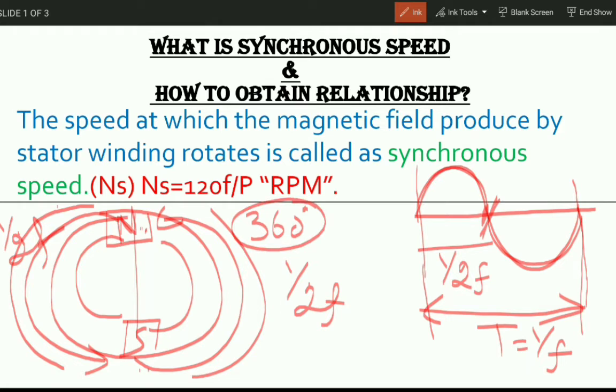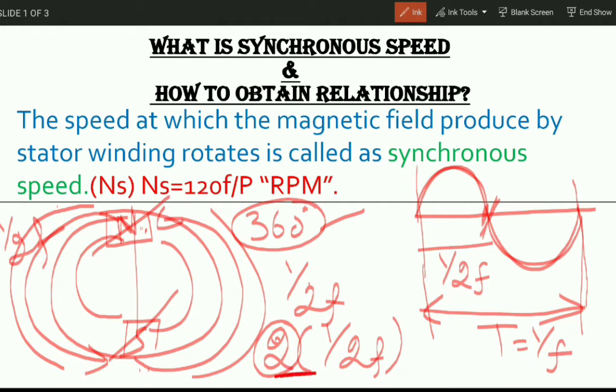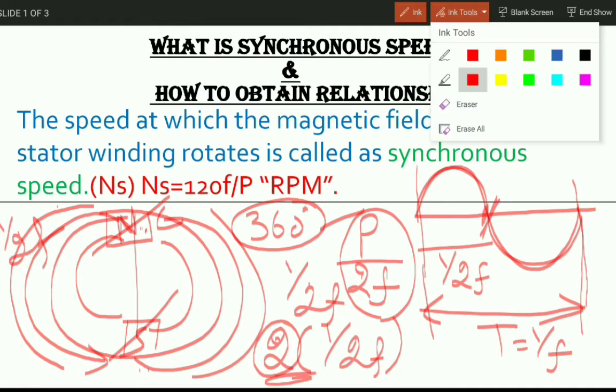So the total time for 360 degrees is 2 times 1 by 2f. What is this 2? 2 is the number of poles. So this can be written as P by 2f. This is the time taken for the magnetic field to complete one revolution, that is 360 degrees.